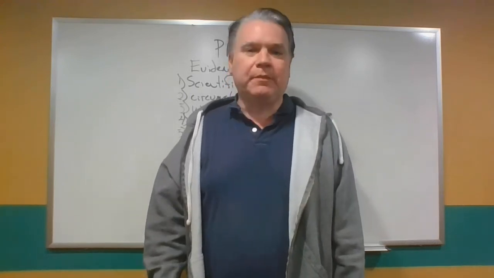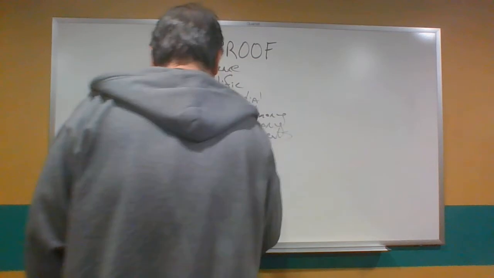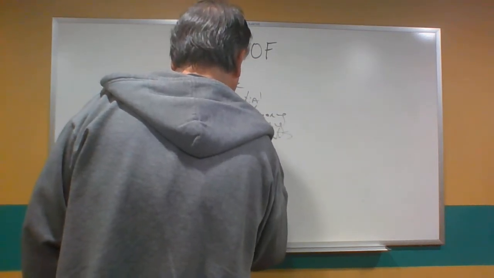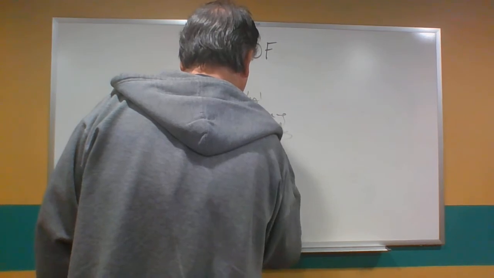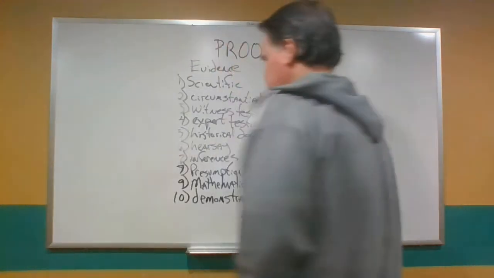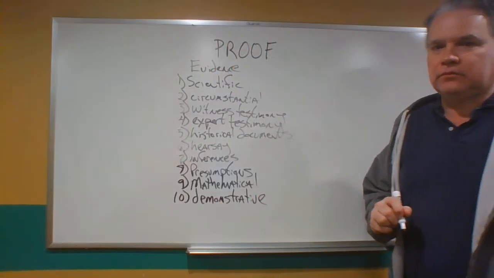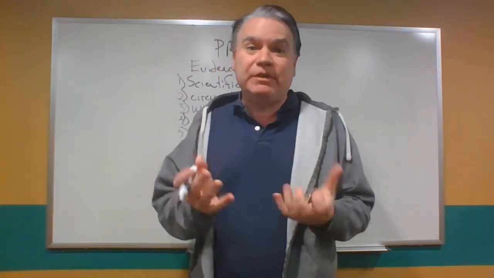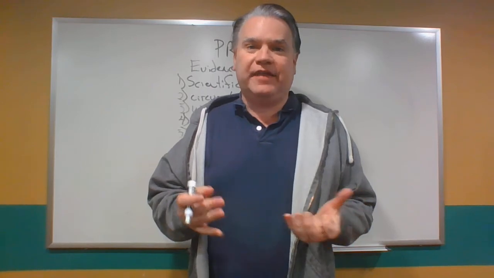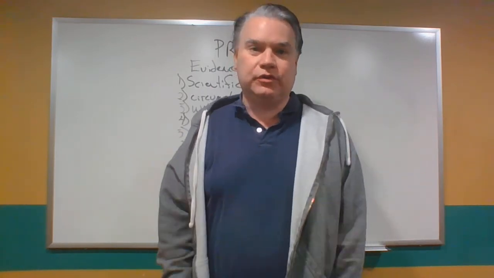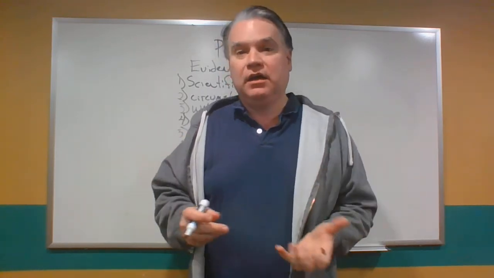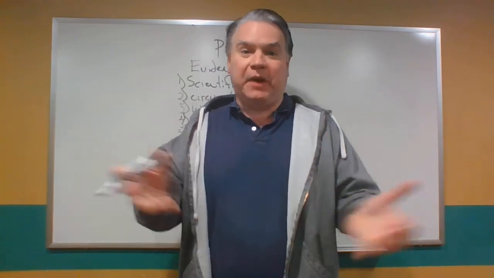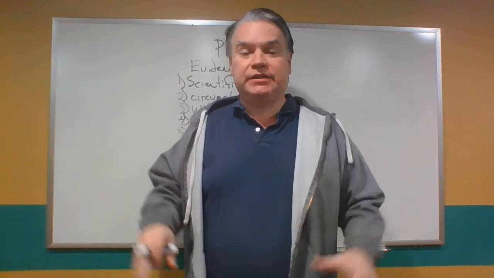There's demonstrative evidence. Demonstrative evidence is where somebody demonstrates to you that this has to be true, maybe through some sort of modeling or some sort of simulation, some sort of experiment. They demonstrated this truth to you.